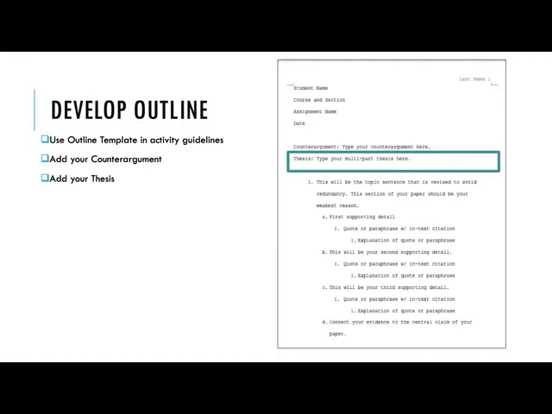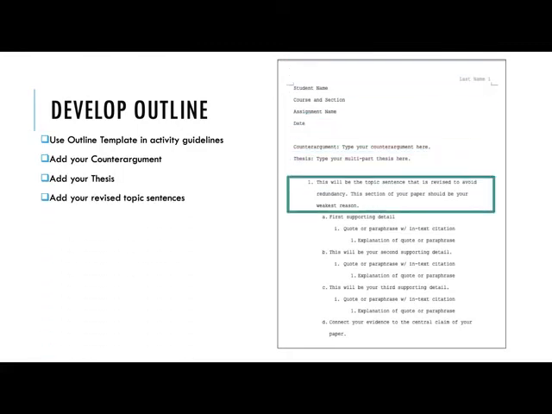Now for some of you, your counter-argument and thesis might be combined into a complete sentence, sort of like the one we looked at just a minute ago, where it said, "Although some believe he's a good role model, Cookie Monster is a poor role model for kids because of his diet and manners," or whatever our reasons are. If you have those two things combined, then you can just label it as thesis. But ultimately the idea here is for you to have it clear in your head what is your counter-argument and what is your thesis labeled at the beginning of your outline.